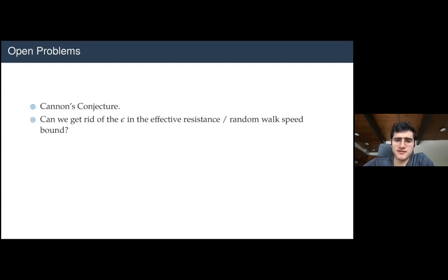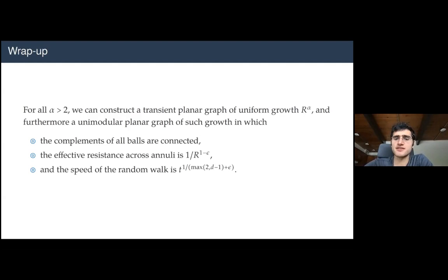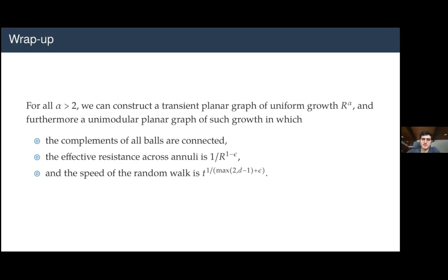Another question that is kind of interesting to me is, can you get rid of this epsilon factor in the effective resistance and the speed bounds? This is interesting for a couple of reasons.